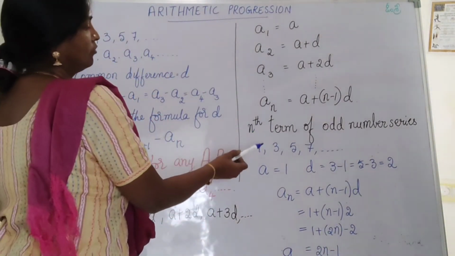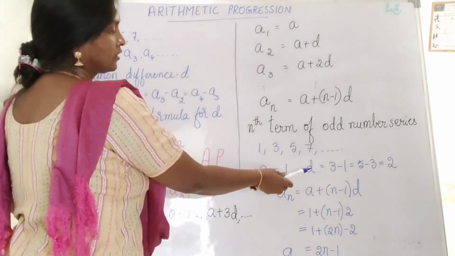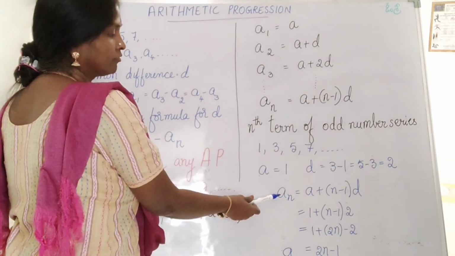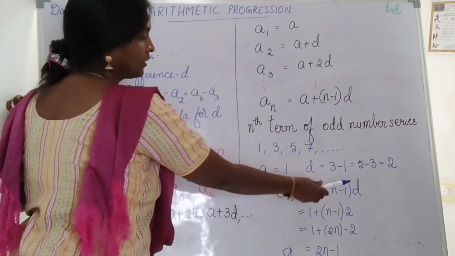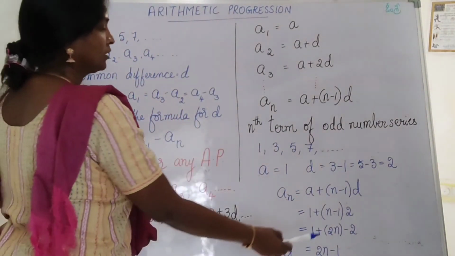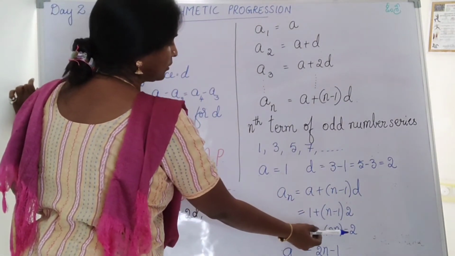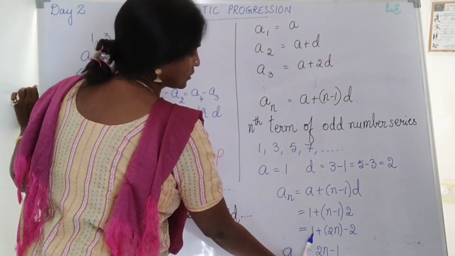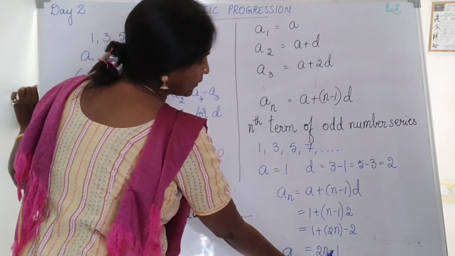First we took the series, and we identified the first term and the common difference. Afterwards we wrote the general form of the nth term and substituted the values of a and d in the nth term formula. Then we multiplied 2 with n and then 1, so we get 2n minus 2, and subtracting the integers, 2 from 1, we get minus 1.